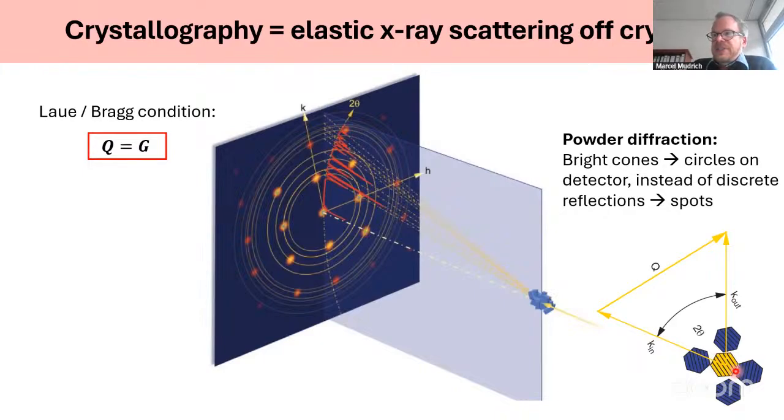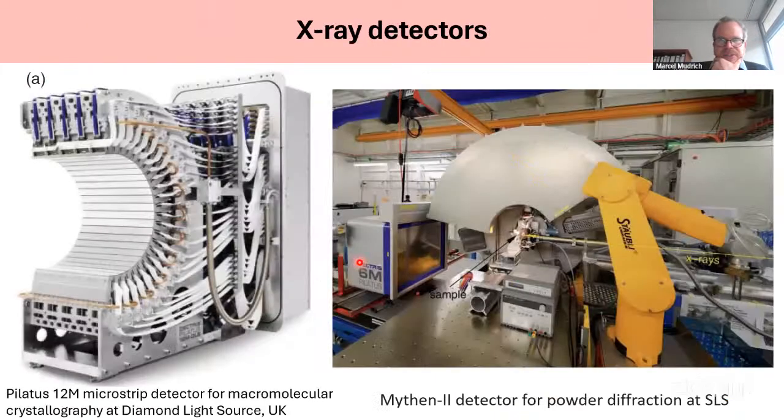In this case, every lattice site of the crystal would contain thousands or even 10,000 atoms, and this then produces a much more complicated diffraction pattern, obviously. Just to show you that powder diffraction is still being done at synchrotrons and also at free electron lasers, only that the detectors look much more complicated than just a photoplate.